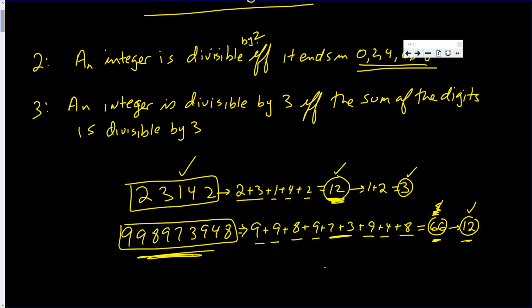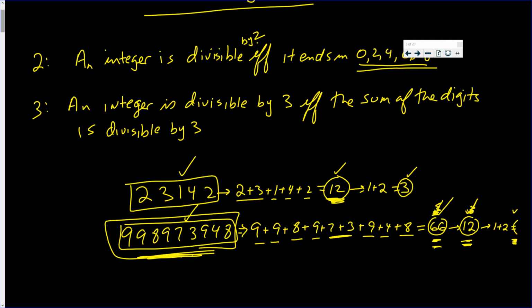If you still don't know, you can do 1 plus 2 and get 3. 3 goes into 3, so 3 goes into all of these numbers. In particular, it goes into the last number, the number that we were interested in knowing about.